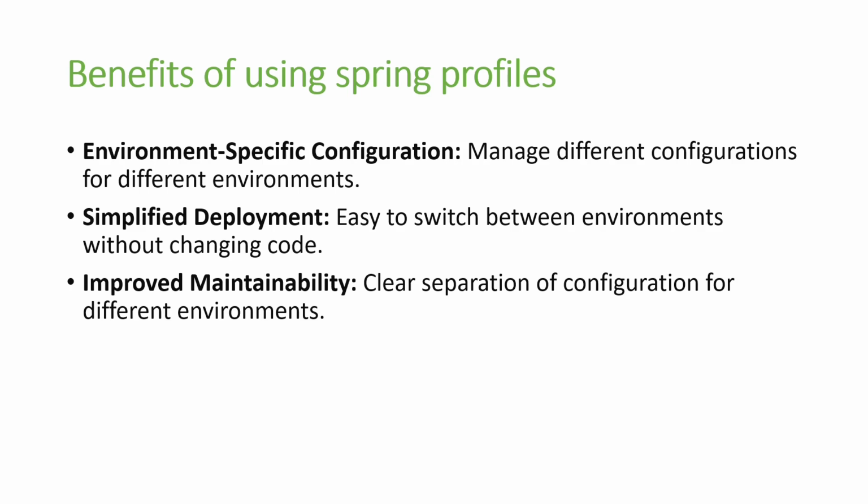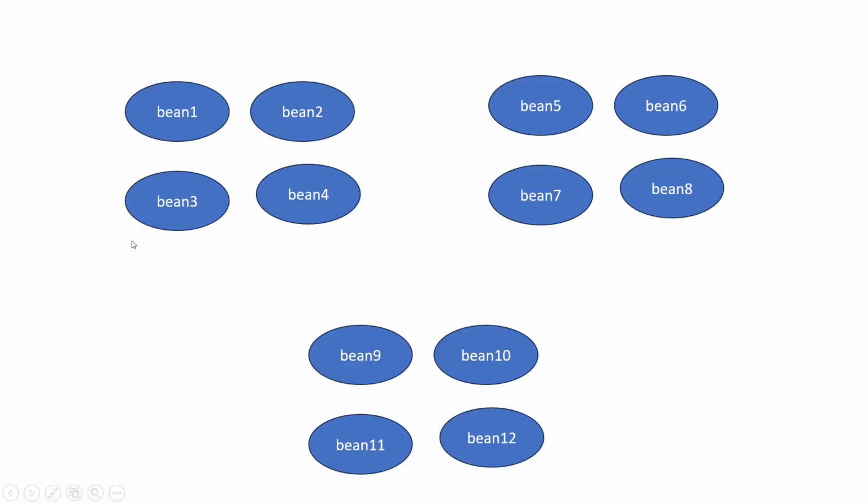Okay, next. Let's say you have an application which contains these 12 beans, bean 1, bean 2, bean 3, bean 4 to bean 12. We have different beans created. Maybe some of these beans we are using to configure our application.